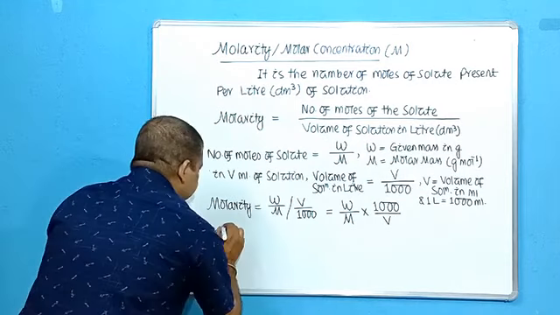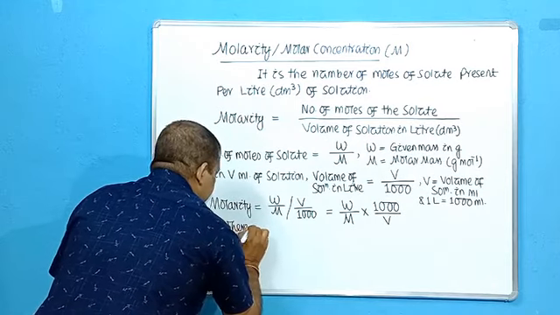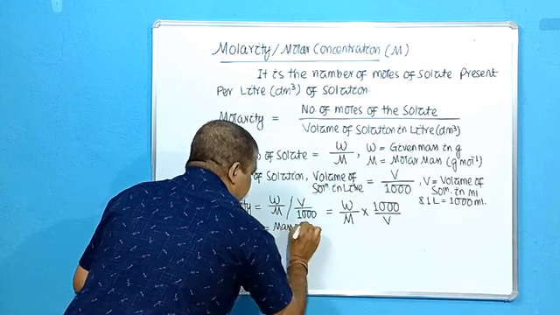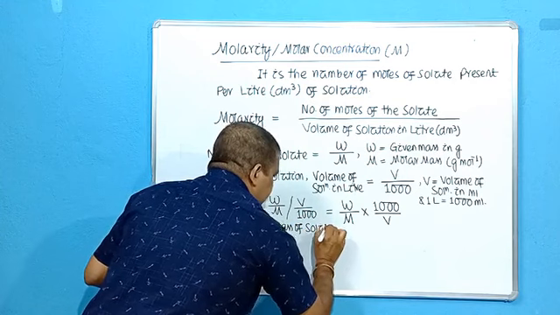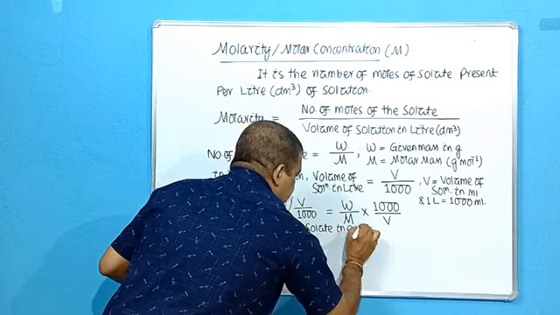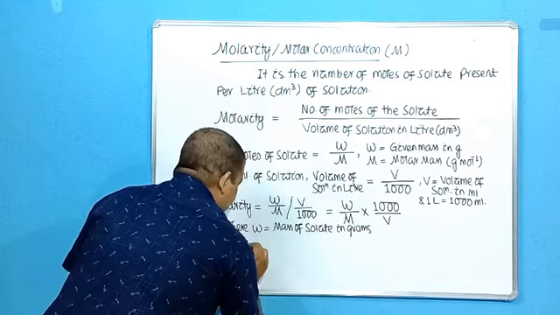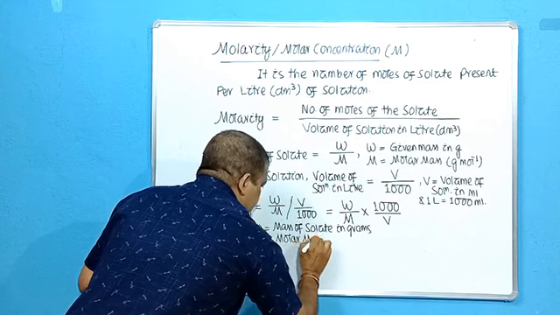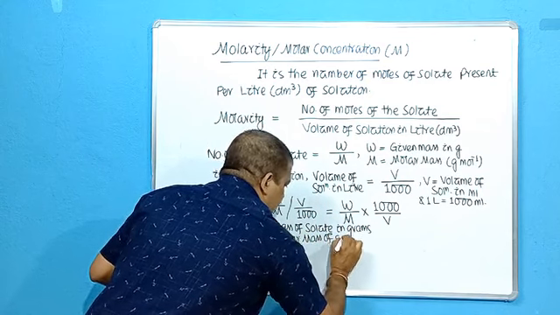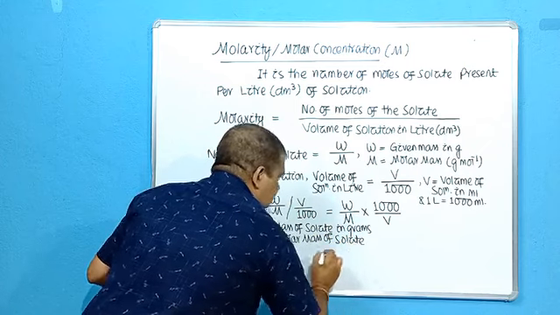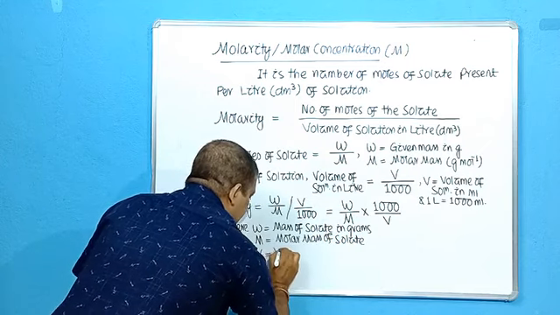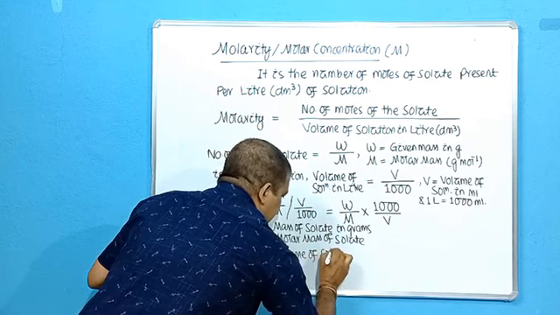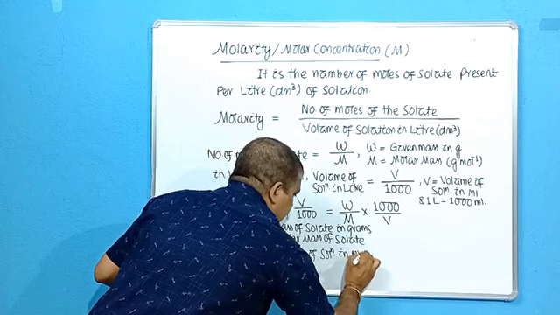Okay, where W is the mass of solute in grams, M is the molar mass of solute, and V is the volume of solution in milliliter.